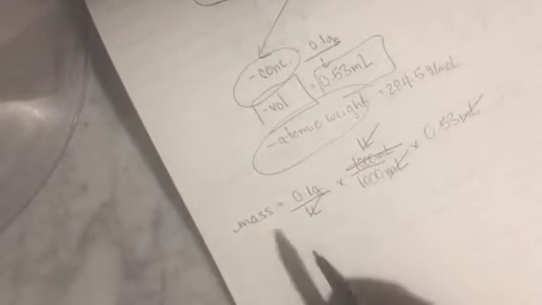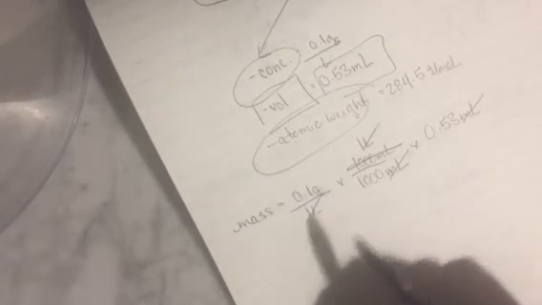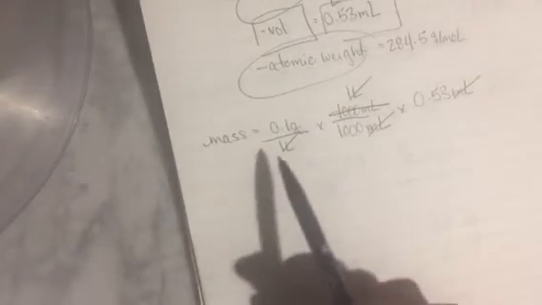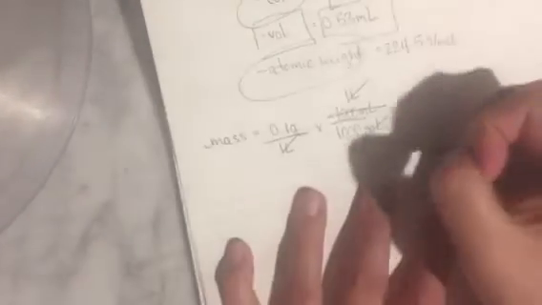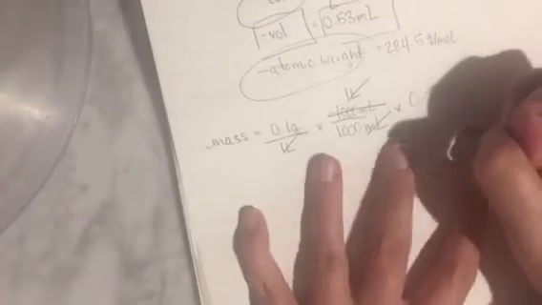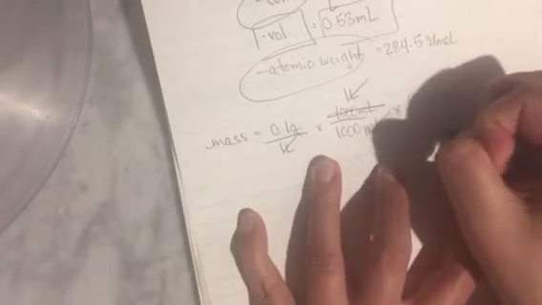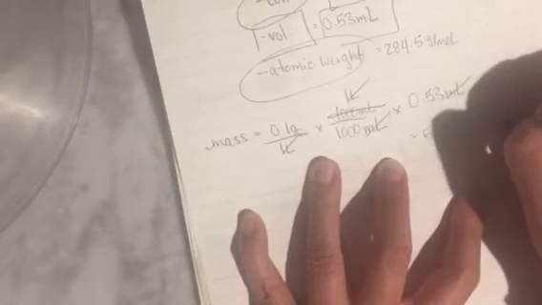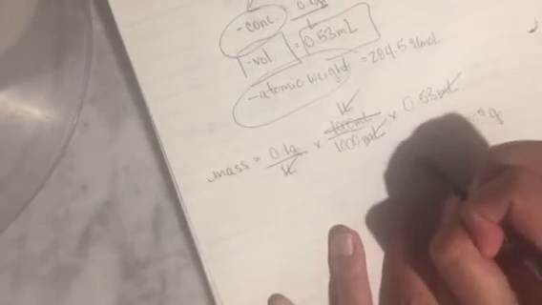And I'm looking for my mass. I'm in grams, and that's what I love about dimensional analysis: if I know I'm in the right units and I can plug this into my calculator correctly, then I'm pretty sure I have the right answer, which is 5.3 times 10 to the minus 5 grams of stearic acid.